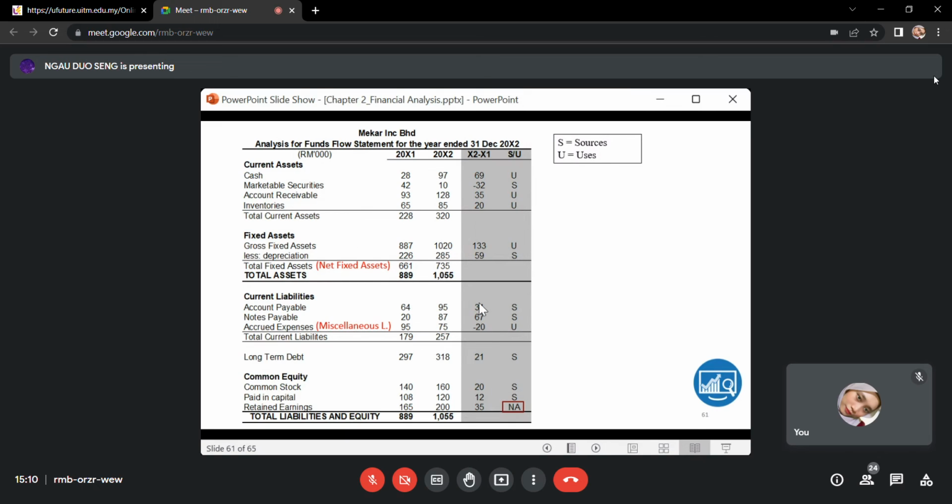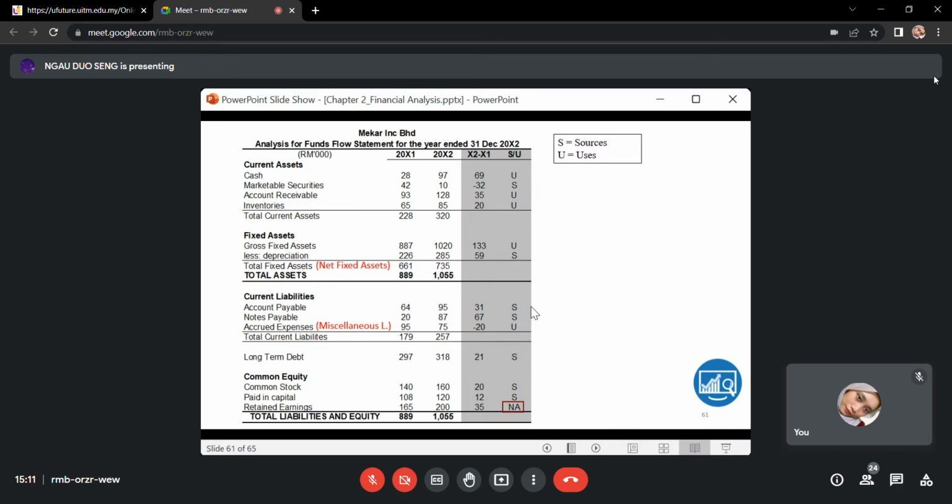Alright, then for current liabilities, it is the reverse of asset. If the answer is positive, then this one is sources of fund. If the answer is negative, it is uses of fund. So for example account payable 64 increases to 95, increase 31, this is sources. Debt increases because you borrow, right? You get money, you get funds.